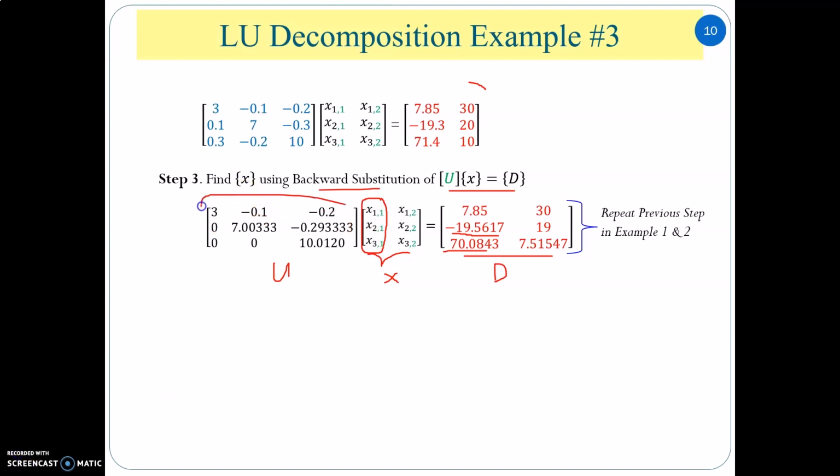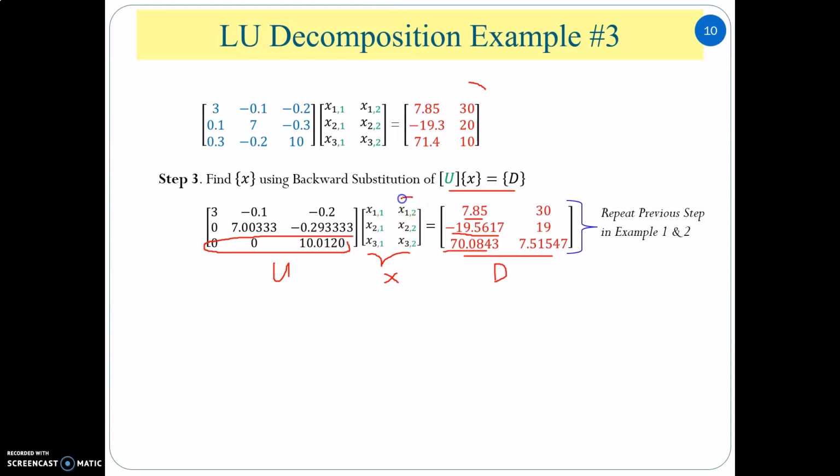We can continue for this row, multiply with this column, give you this answer. So you multiply the elements: 3 multiplied by x11 plus negative 0.1 multiplied by x21 plus negative 0.2 multiplied by x31 equal to 7.85. And from this equation, you should be able to obtain x11. And you can repeat the procedure here.